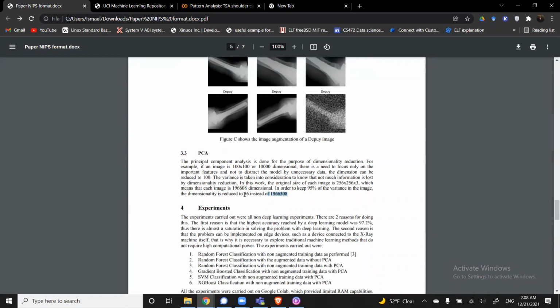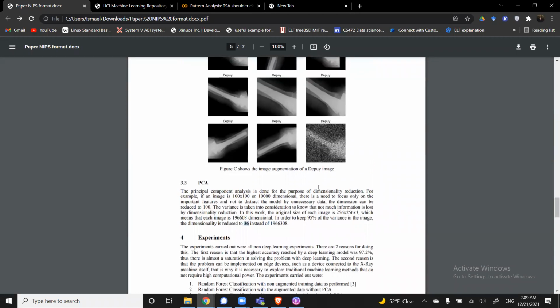I think this is something really important, because dimensionality reduction is crucial when we are considering a classification task, because it helps to reduce the complexity of the problem.